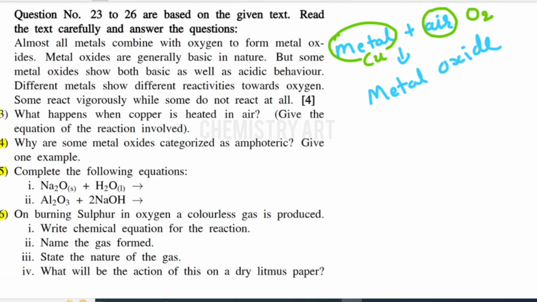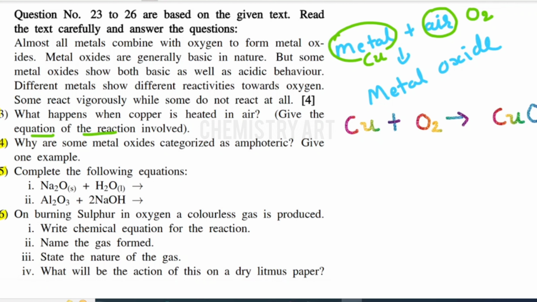So when copper is reacting with oxygen, what happens? You need to write the reaction equation, because here it is asked to give the reaction equation involved. So you will write the answer like this: first of all, copper, Cu, plus oxygen, O2. When copper is reacting with oxygen, it gives copper oxide, CuO.